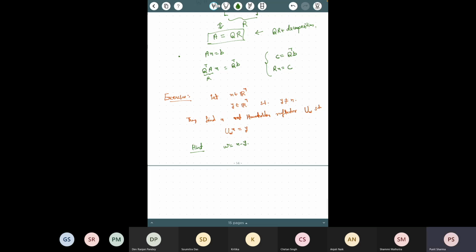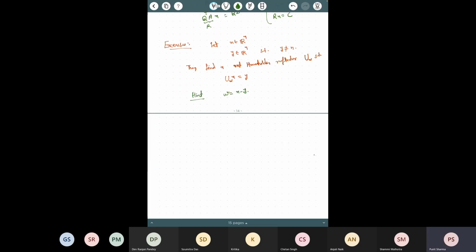So the idea is this: we are given two vectors, X and Y, and we want to get Y when we apply a reflector on X. So basically we want Y to be a reflection of X, with respect to this one-dimensional space here.